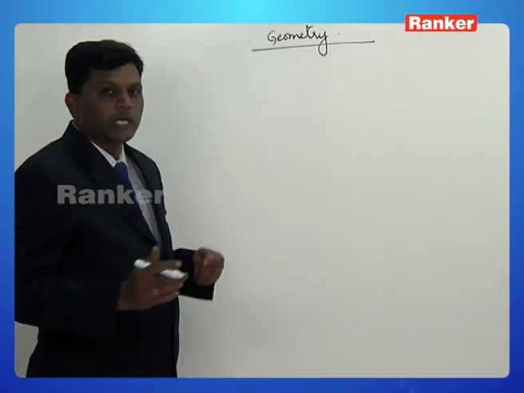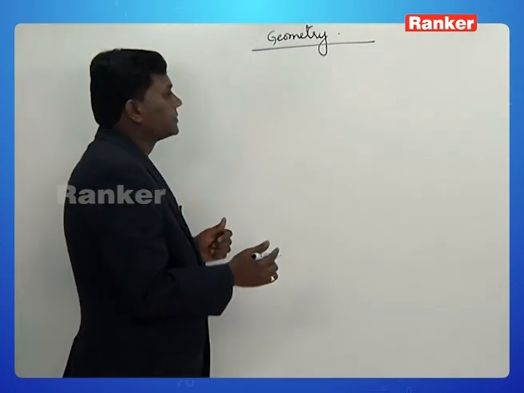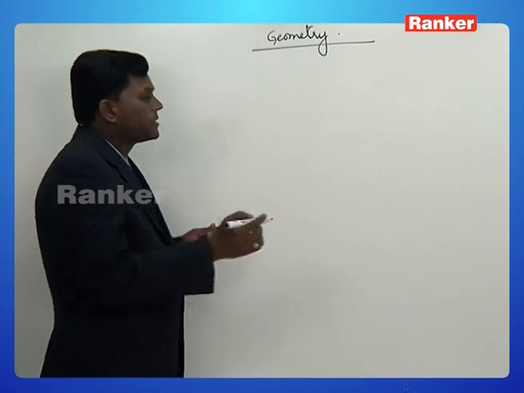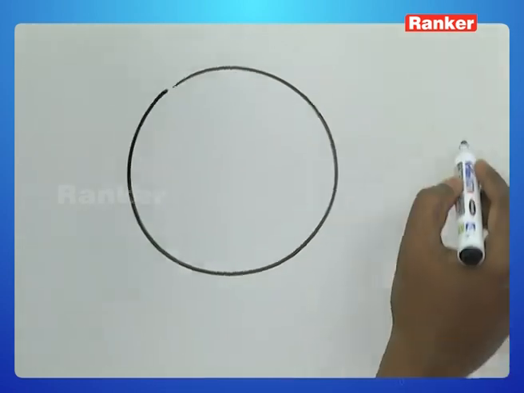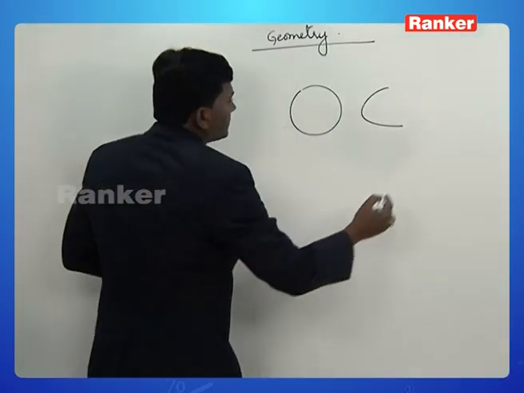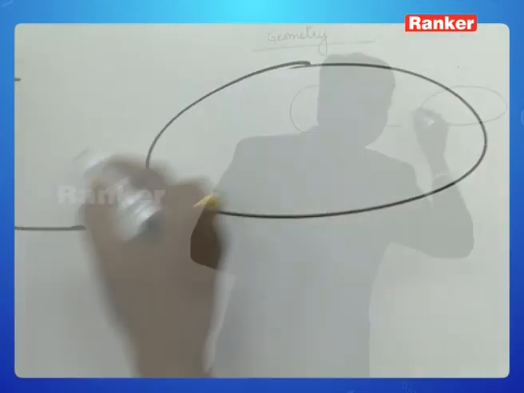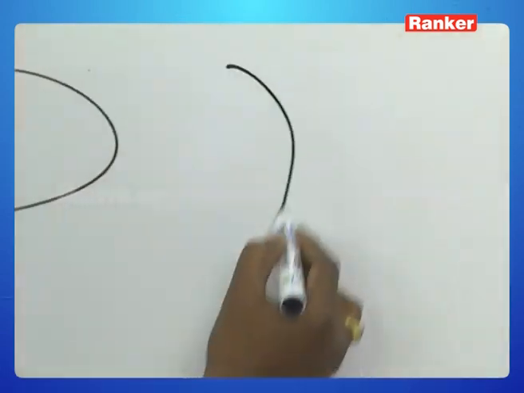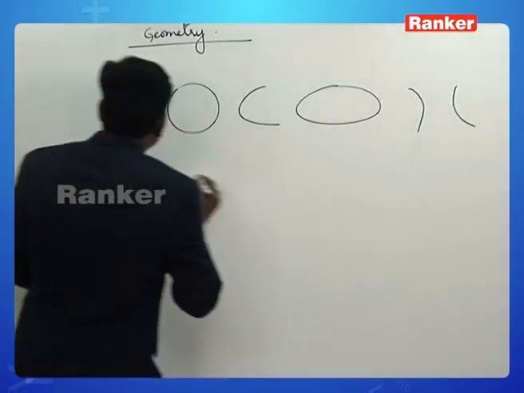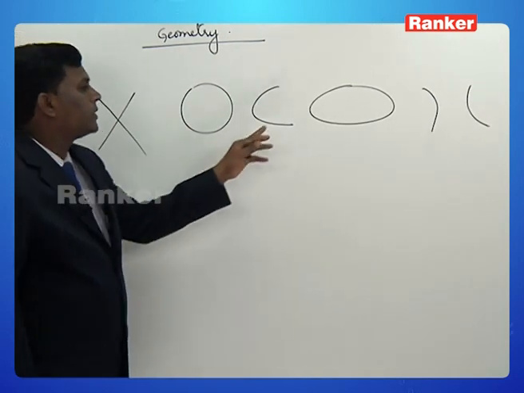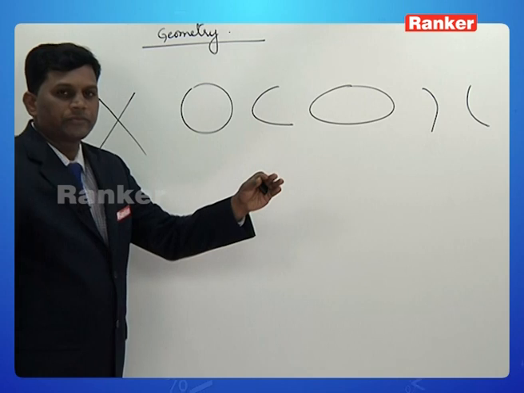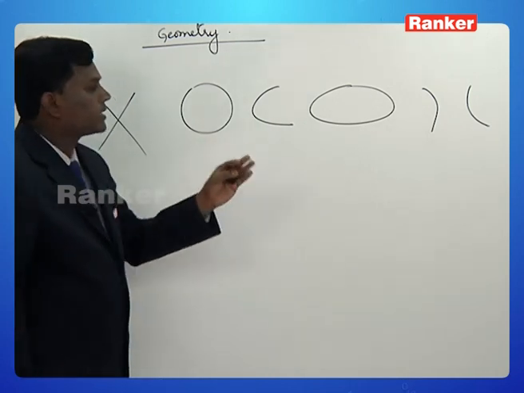Now, as we have discussed just now, we have very similar relations between circle, parabola, ellipse, hyperbola and pair of straight lines. All these five conic sections are generated from a double right circular cone.